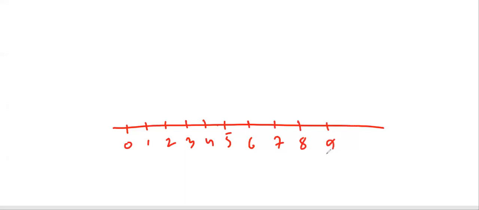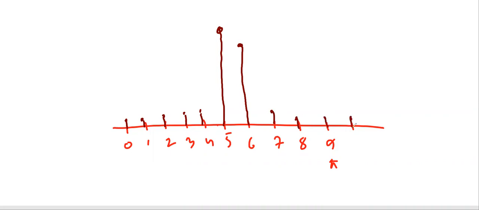Let's say this is 0, this is 1, this is 2, this is 3, this is 4, this is 5, then 6, 7, 8, 9, and then this is 10. So at the location of 9, maybe this is pi. So at the 5th place, you should get the maximum similarity. At the 6th place, you get the second maximum. And for all other places, you might have this kind of scenario.